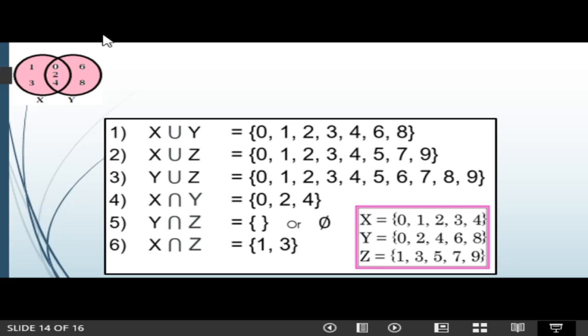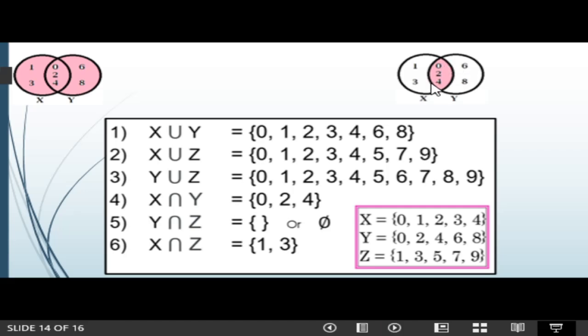For set X, here we have 1, 3, 0, 2, 4, and for Y, 0, 2, 4, 6, and 8. So these numbers 0, 2, 4 are the common elements in the two sets, and they are also the intersection of the two sets. This is how you draw the intersection of X and Y. So only this part is shaded.